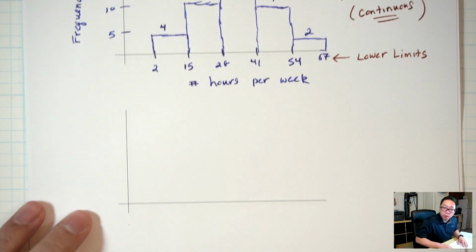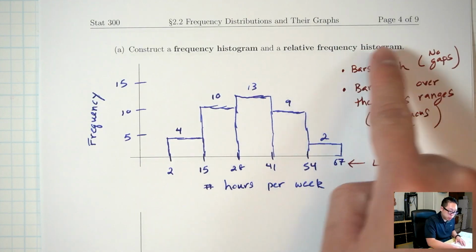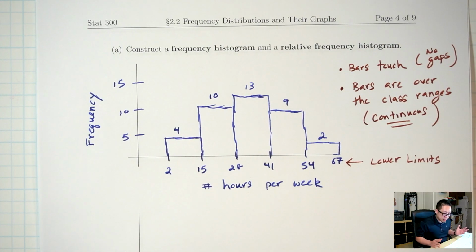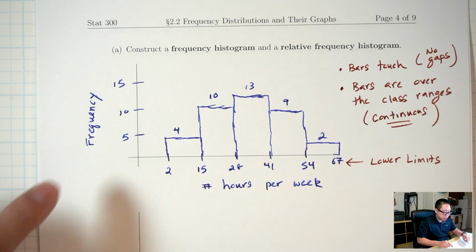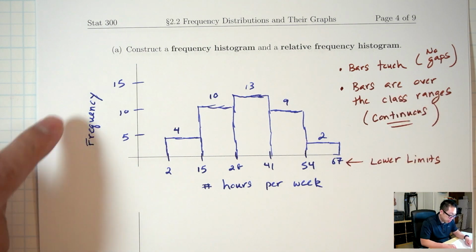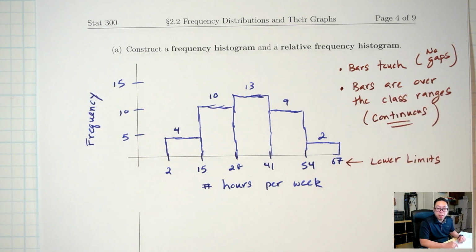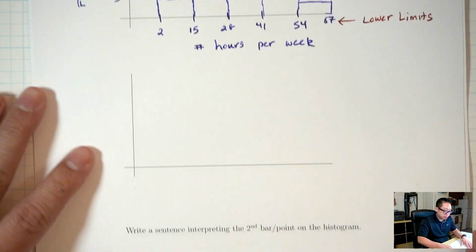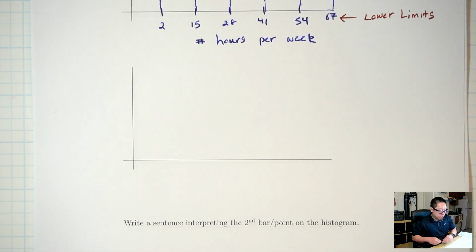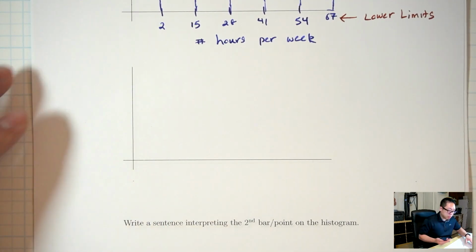Okay, for our next picture, we're going to do a relative frequency histogram. It's going to be exactly the same thing. The only difference is instead of frequency on the y-axis, we'll put the relative frequency. The x-axis is going to be exactly the same.